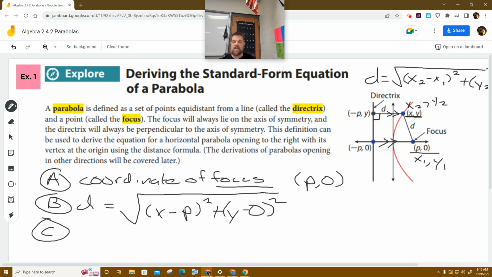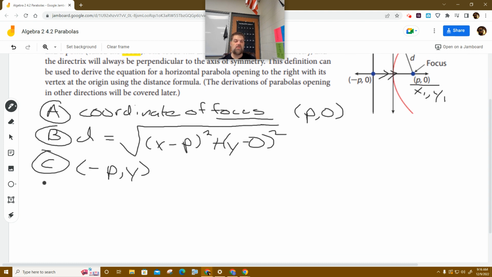So we go to the directrix and we draw a perpendicular line until it connects to some xy value. Okay? And that point, whatever that is, we're going to label as negative p comma y. Technically, what we do is we go from this point and draw a line this way such that it's a 90-degree angle.